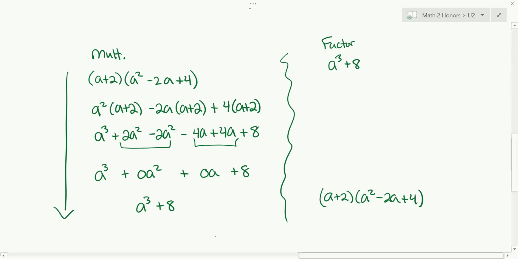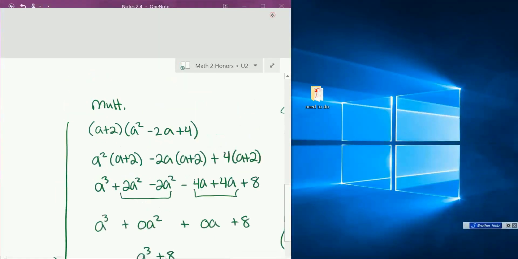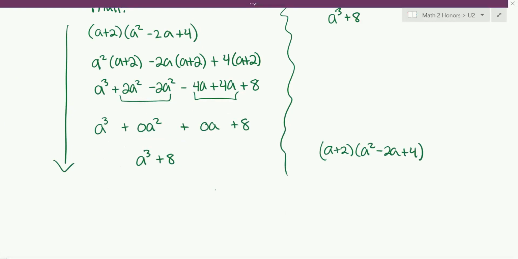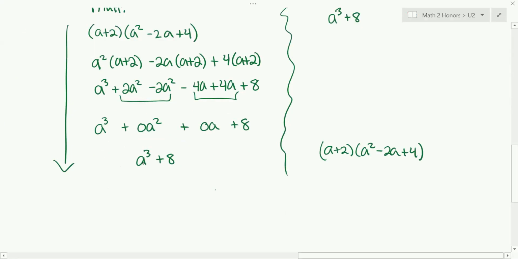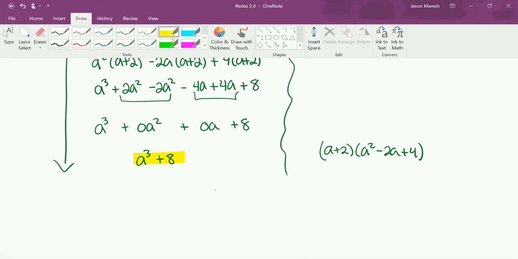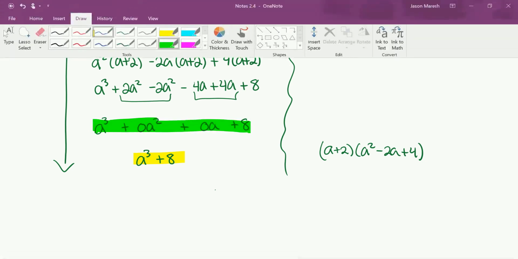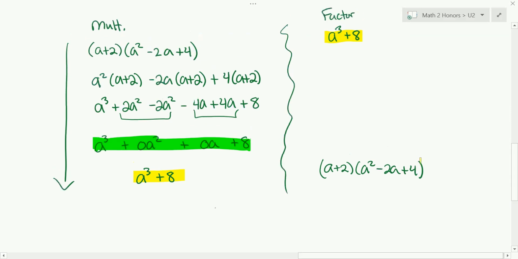So let me find my highlighter here. Okay, so we're starting with what was at the end. And then this is the second to last line. Can you see kind of why that would be our second move for factoring?